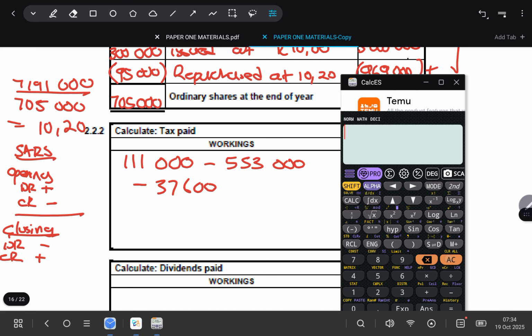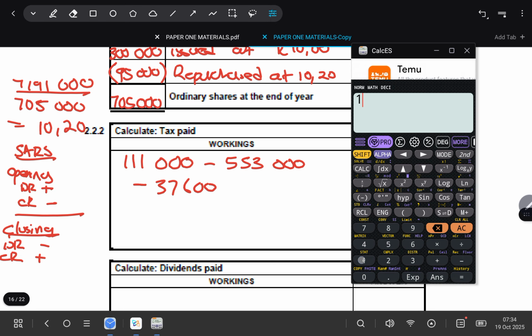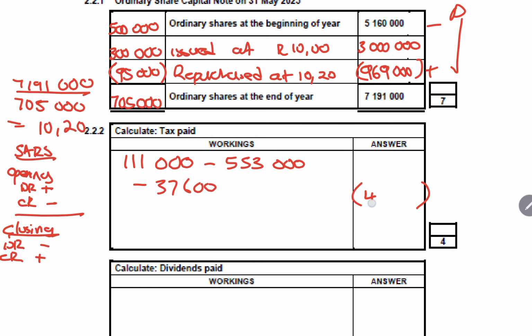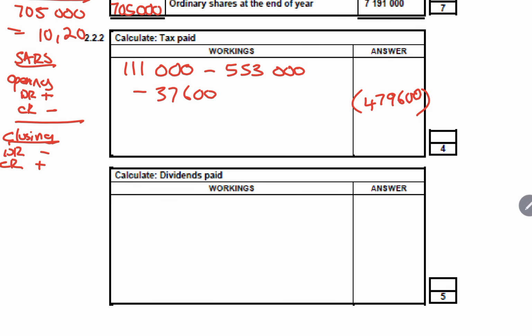We're going to say 111,000 minus 553,000, and then minus 37,600. It gives us 479,600. So we have that 479,600 in brackets.